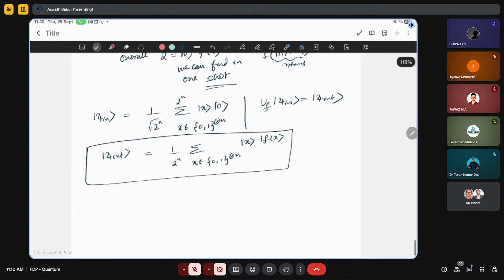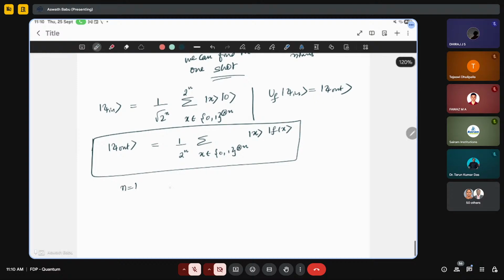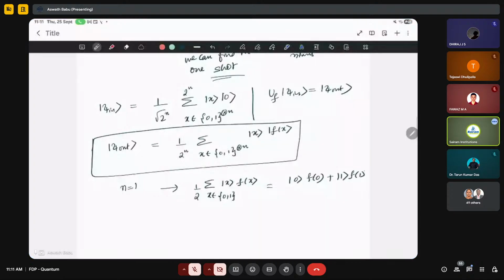If you put n equal to 1, we get back the old situation. What is the output? Output is |x>|f(x)> divided by root 2, where x belongs to 0, 1. So x is 0, f(0); x is 1, f(1). So you would find that divided by root 2.